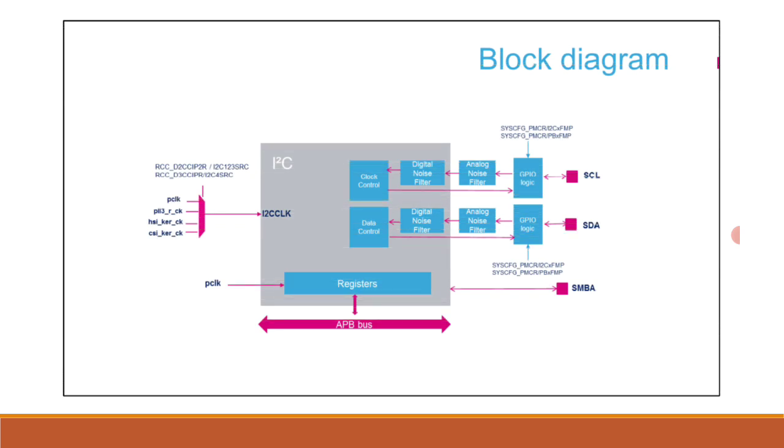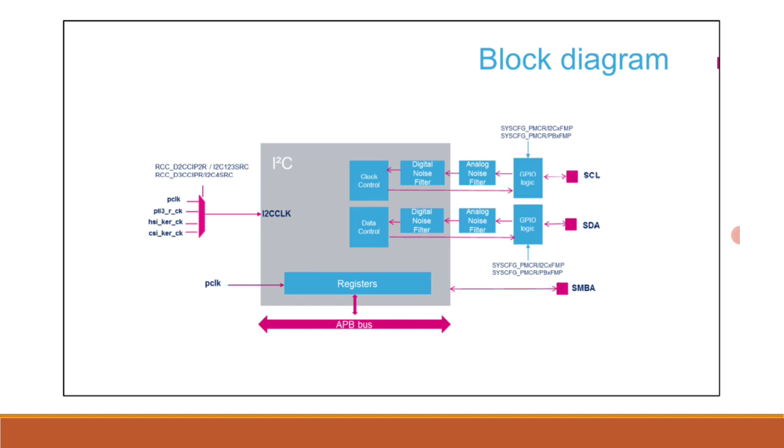So here is the block diagram of the I2C peripheral available in the STM32H7. Now you can notice there is the APB bus, registers, and within the I2C there are PCLK and SMBA, and clock control, data control and clock control we have, and the I2C clock comes from RCC, or PCLK or PLL clock, HSI kernel and CSI kernel, and all put together you get it into the I2C clock.